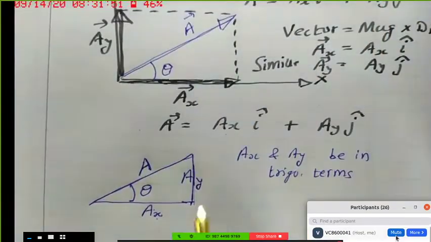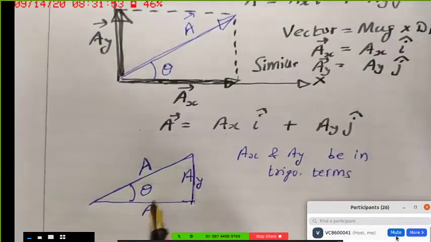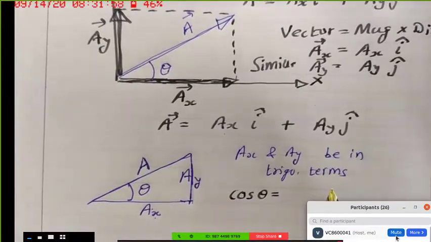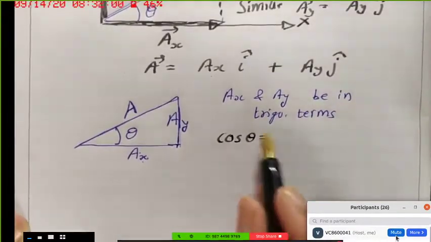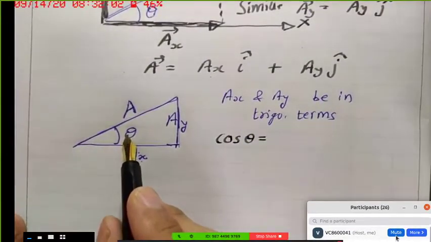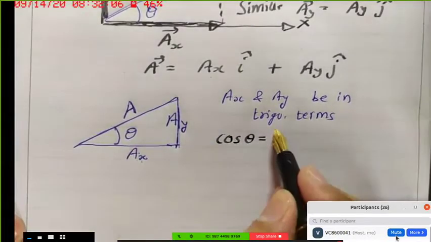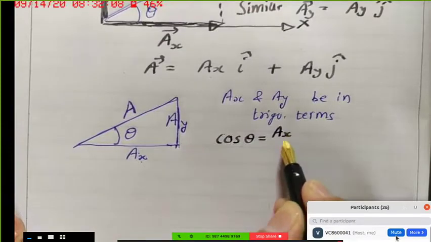Take sine and cos of theta. If I take cos theta, what shall I write? Cos theta is a ratio of two sides, AX upon A. It is base or adjacent side upon hypotenuse.